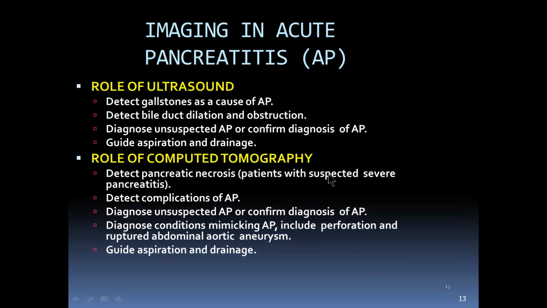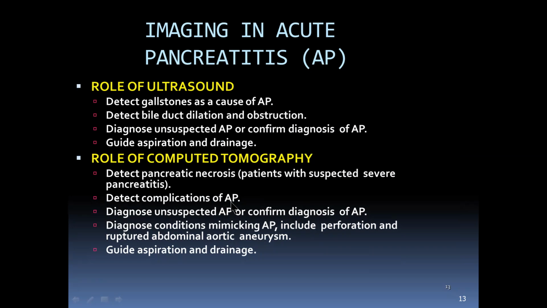What is the role of computed tomography in case of acute pancreatitis? It detects especially pancreatic necrosis, which is of utmost importance. In case of severe pancreatitis, it detects the extent of necrosis, which is a prognosticating factor.